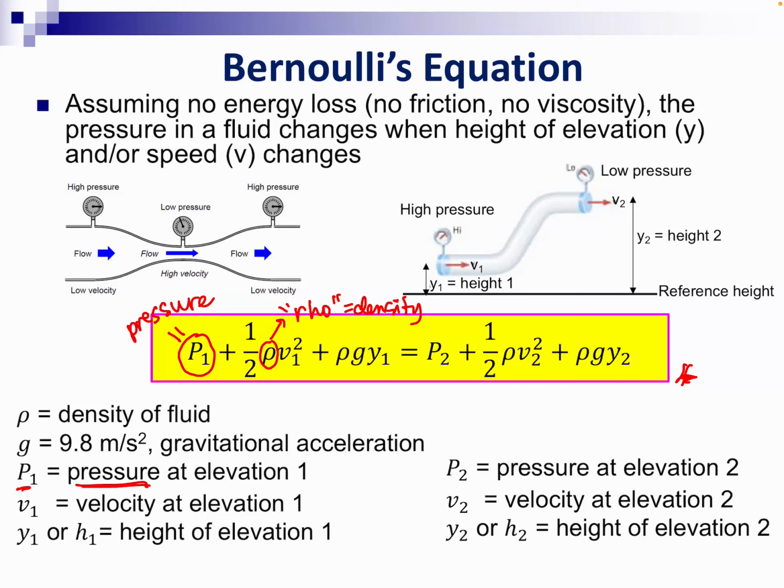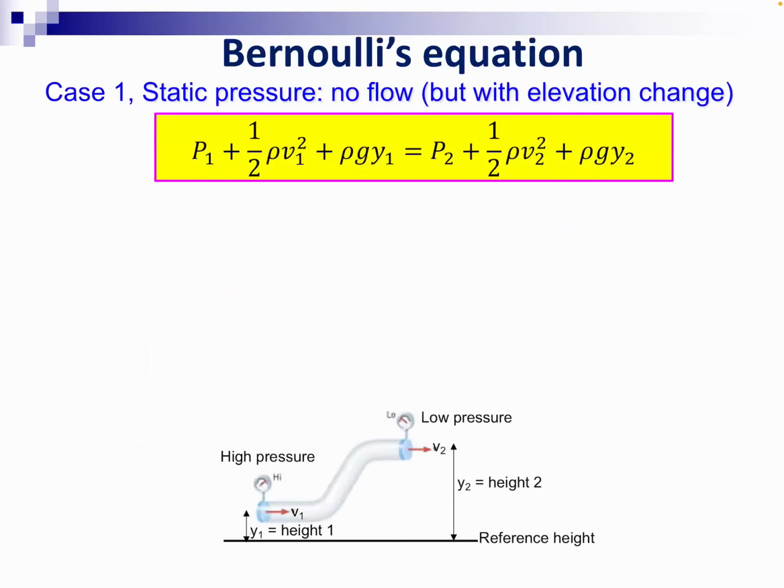In the workshop, we will practice looking at Bernoulli's equation and how one side changes with the other. But in this lecture, I'll emphasize two important special cases for which Bernoulli's equation is quite important. So the first case is when you have static pressure, meaning no flow, but there is elevation change.